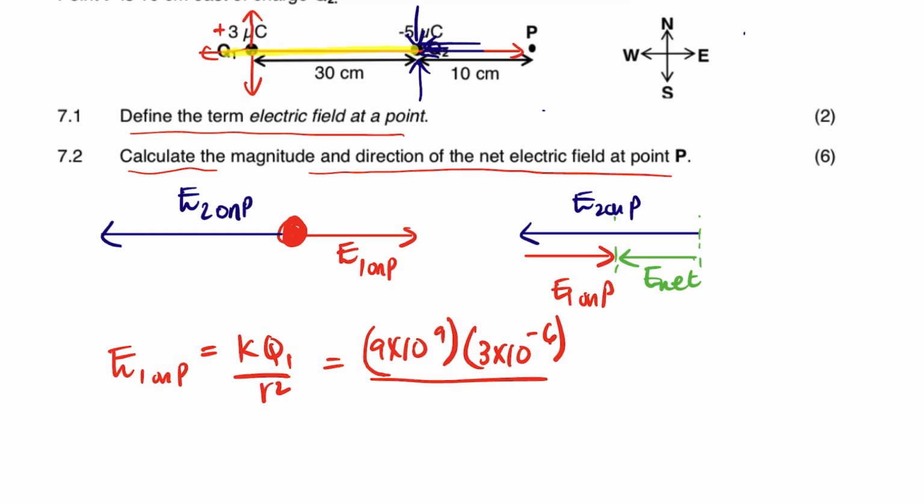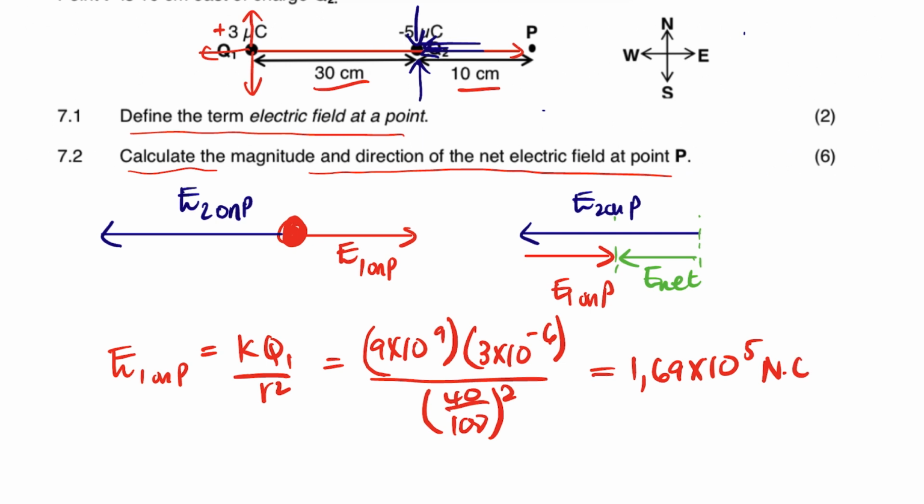From there to there, it's 40 centimeters, but it has to be in meters, so it's 30 plus 10, which is 40, divided by 100, squared. So when you punch that in the calculator, the answer will be 1,69 times 10 to the power 5 newtons per coulomb.